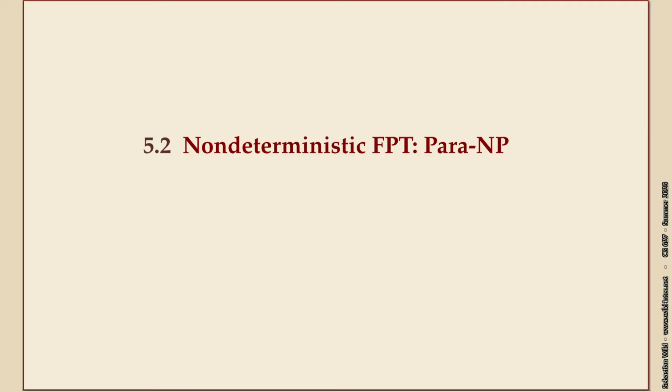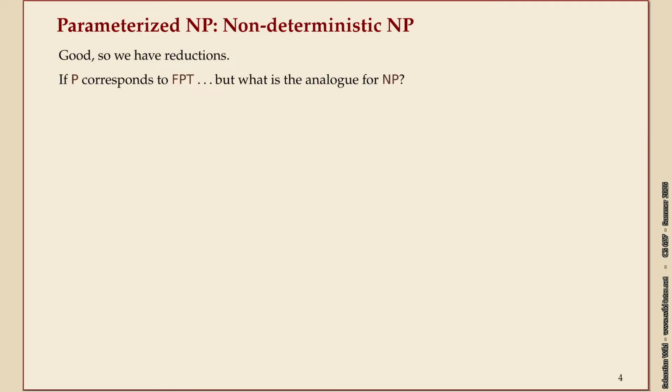So we'll try to do the same thing for these parameterized reductions. So we need an analog of NP. We know, or intuitively, FPT is playing the role of P, the efficiently solvable algorithms in a parameterized sense.